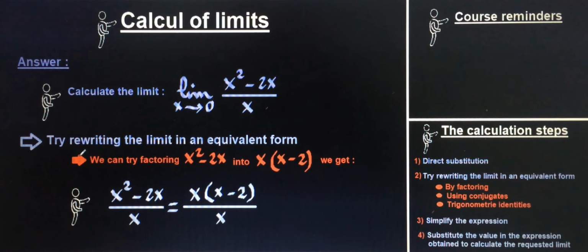Step number 2, try writing the limit in an equivalent form. We can try factoring x squared minus 2x into x times x minus 2. So, the expression x squared minus 2x divided by x becomes x times x minus 2 divided by x.